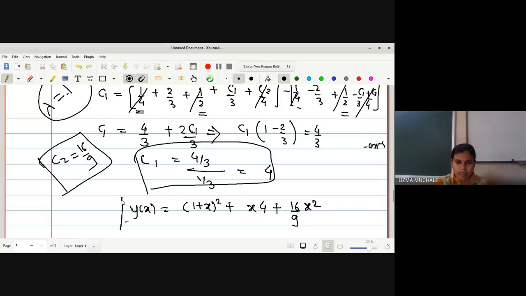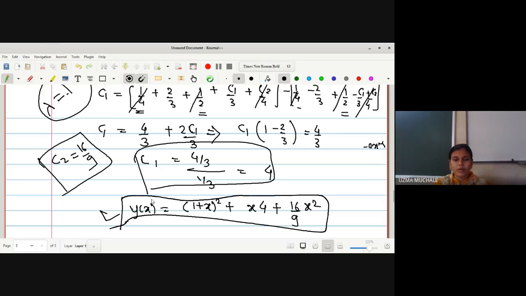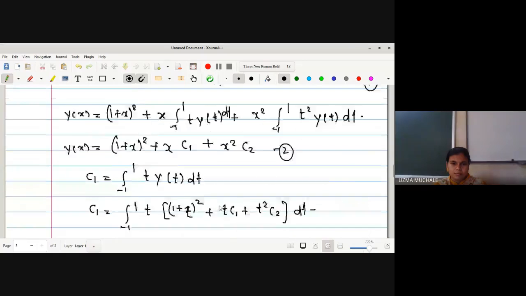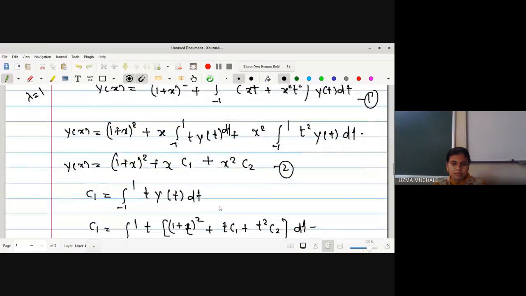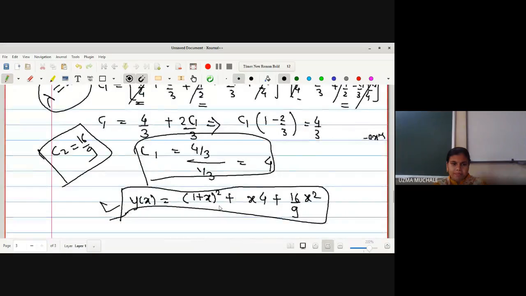So this is the final answer for this integral equation. Try to solve it, and the answer is c2 is equal to 16 by 9.